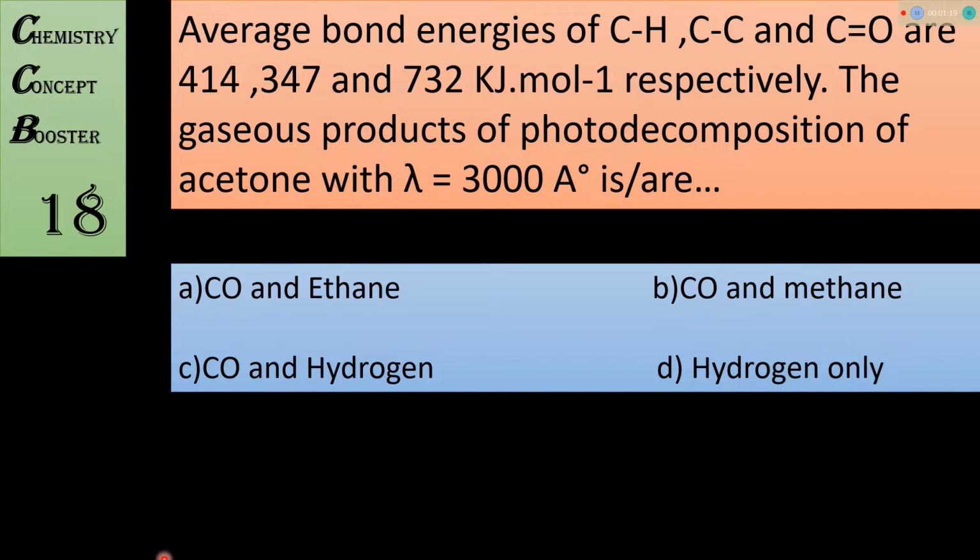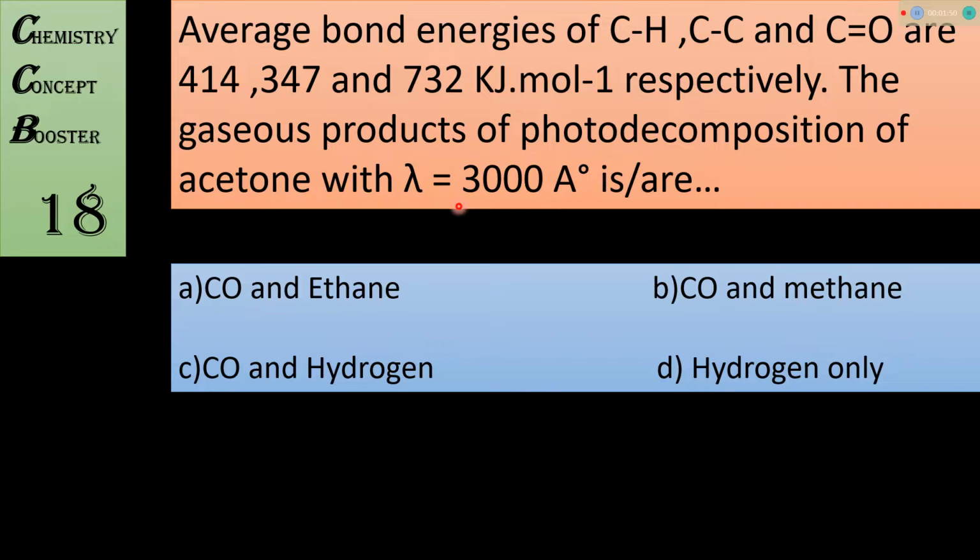Now we have to find, if we use a light whose wavelength is 3000 angstrom to decompose the acetone molecule, what will be the gaseous product?